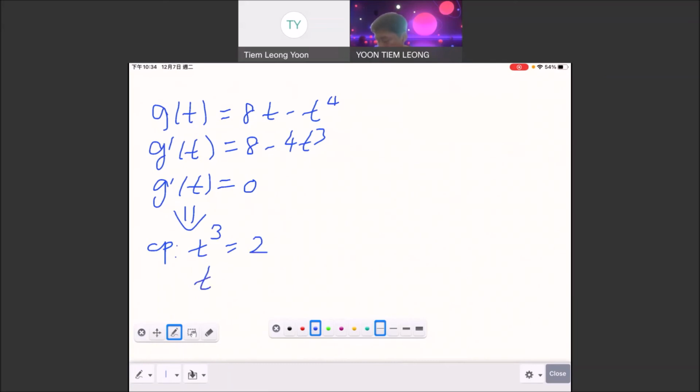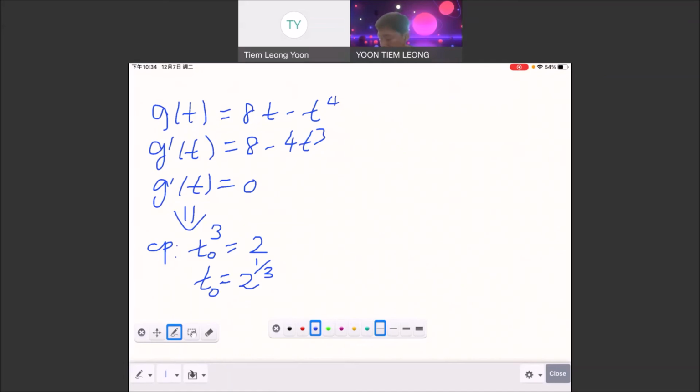Or in other words, t is equal to 2 raised to the power of 1/3. So this will be the value of the critical point. I'll call this t = t0. Okay, so at t0, the value of g' will become 0.